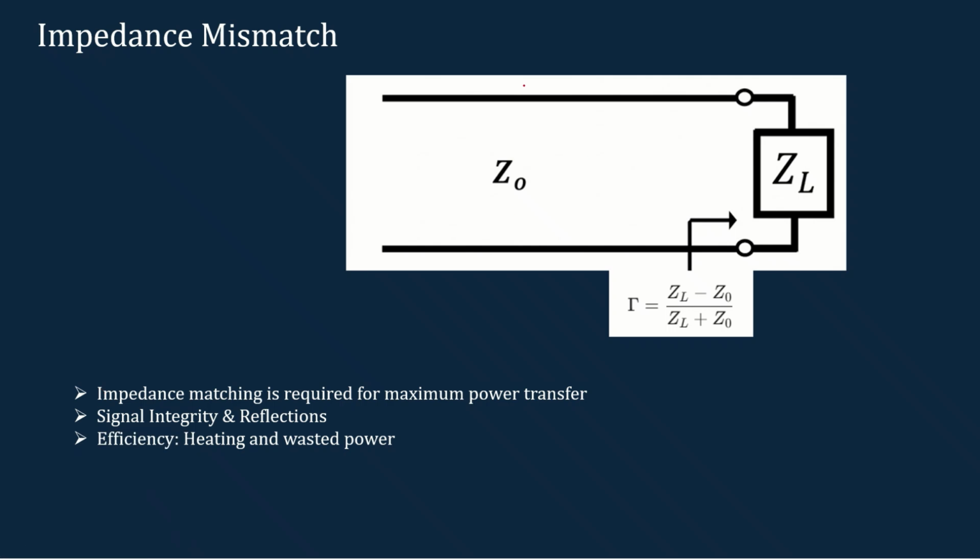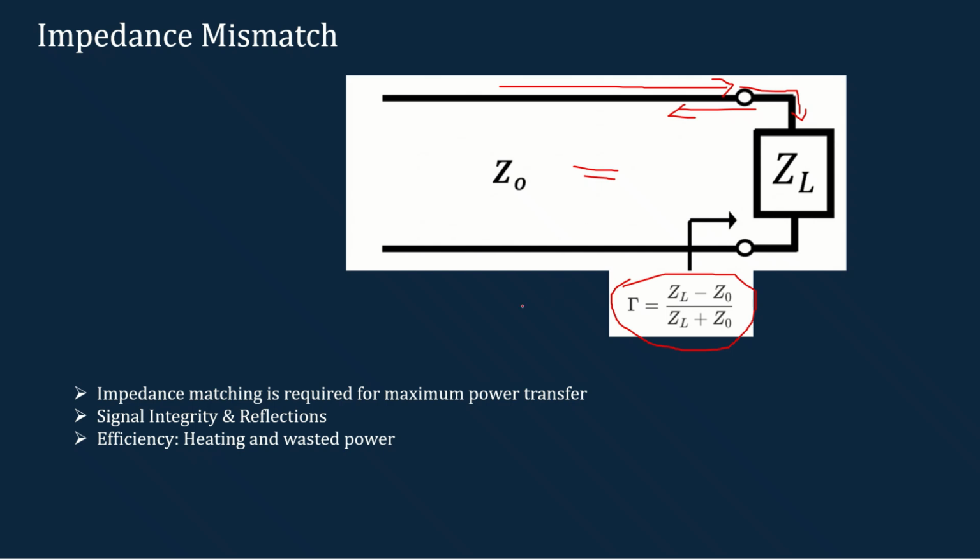That means that if there is a wave coming from the source and going to the load, due to the impedance mismatch between the characteristic impedance of the transmission line and the load, some part of the wave will be reflected back, which is given by this expression: tau is equal to (ZL minus Z0) by (ZL plus Z0). So it is very important to have Z0 and ZL equal. If this is not happening, there will be impedance mismatch, which will cause reflection.